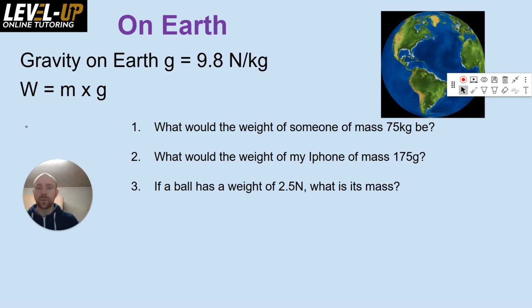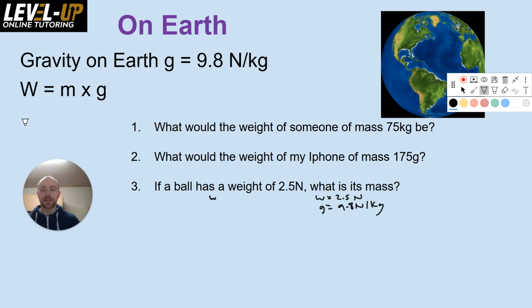This time we've got a ball of weight 2.5 and we want the mass, but the same idea applies. I'm going to write down the information and substitute, don't forget. So this time our weight is 2.5 newtons. Our g is still 9.8 newtons per kilogram.